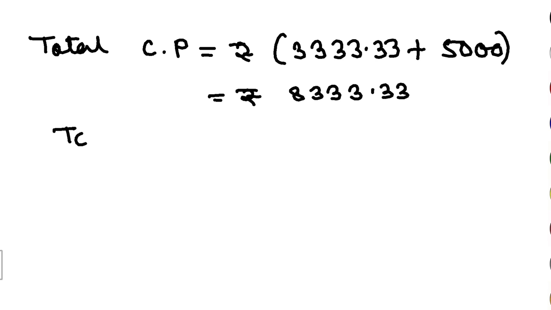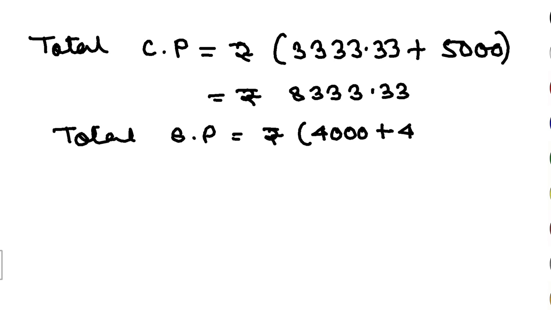Now what is my total SP? Total selling price. Both of them are sold at 4,000, isn't it? So 4,000 plus 4,000 gives us a total of 8,000, isn't it?